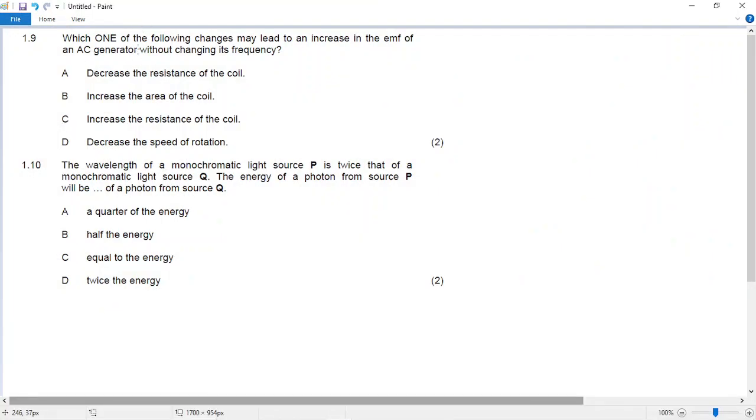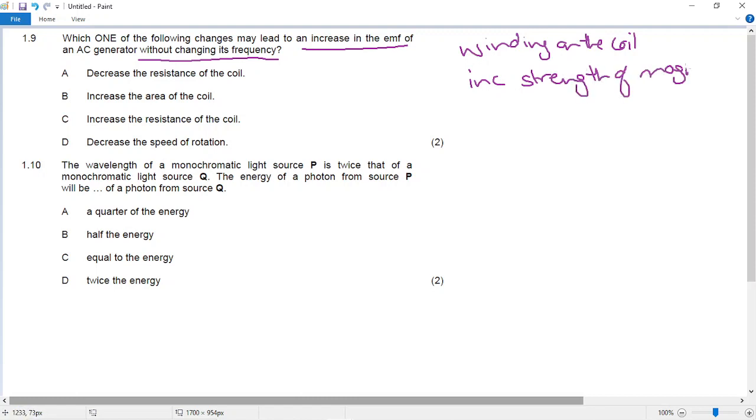Okay, 1.9. Which one of the following changes may lead to an increase in the EMF of an AC generator without changing its frequency? We know that to increase the EMF, we can increase the windings on the coil. We can increase the strength of the magnets.